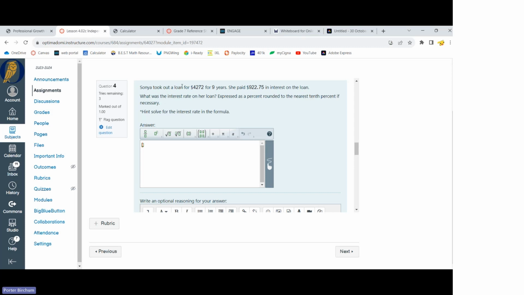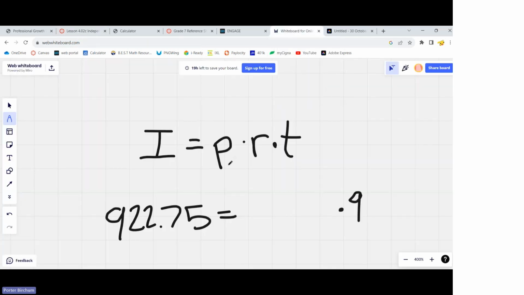And then she took out a loan for 4,272. So it looks like that's the principal. Principal is how much money you invest in the bank, or how much money you borrow for a loan. 4272. And we're missing the rate.